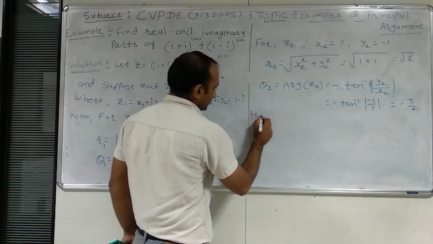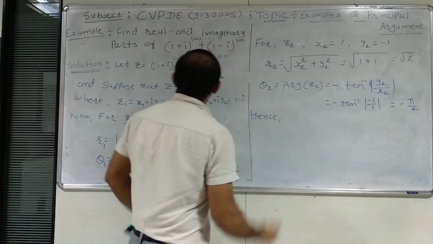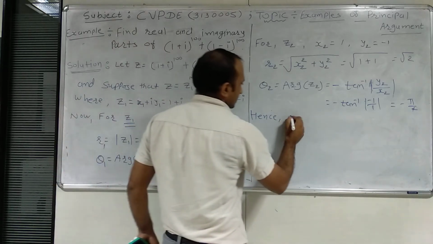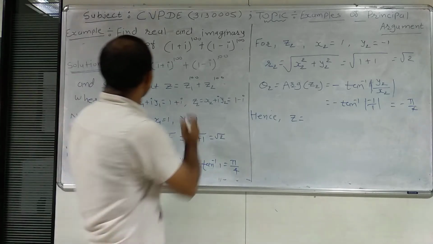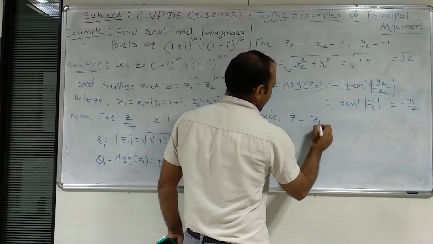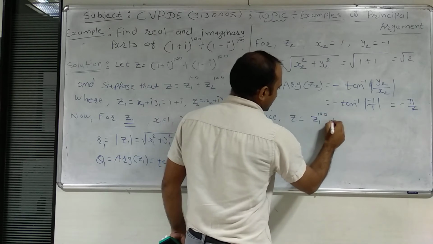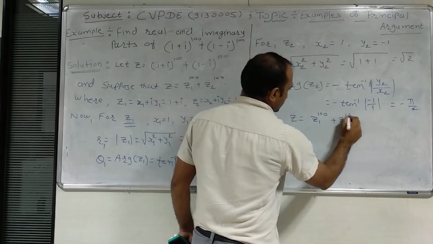Hence our z, this z equal to z1 raised to 100 plus z2 raised to 100.